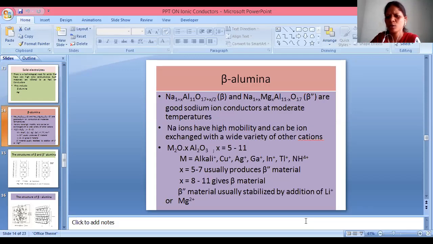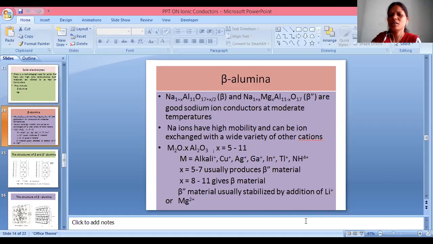Beta sodium aluminum oxide and beta double dash sodium magnesium aluminum oxide are good sodium ion conductors at moderate temperatures. Sodium ions have high mobility, so they can easily exchange with a wide variety of other cations. That means one cation is exchanged by Na+ ion, similarly another cation is exchanged by Na+ ions, like that.